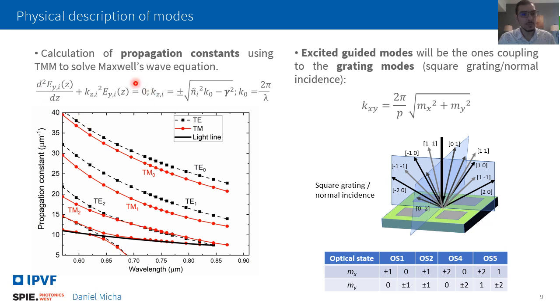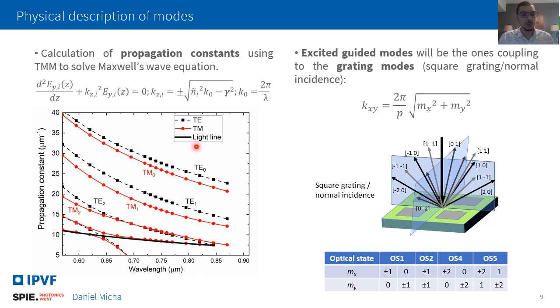So we have here the wave equation, which becomes an eigenvalue and eigenfunction equation by using the properties of propagation in a multi-layer structure with plane waves. And as eigenvalues, we find the vertical component of the wave vector, which can be written as a function of the in-plane wave vector, which is a constant through the structure. That's called the propagation constants.